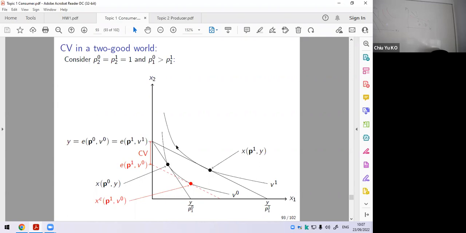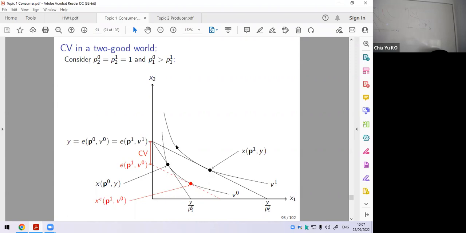He is indifferent between the change happening or not, because the utility is the same. Is it clear what the CV is? This is following the standard Slutsky equation. This is nothing new, but the income effect is just the CV.